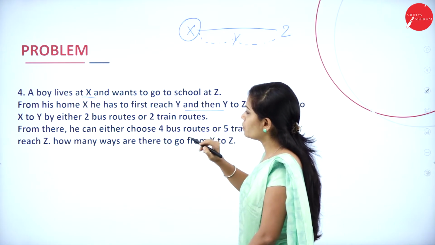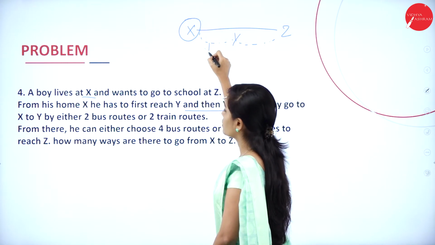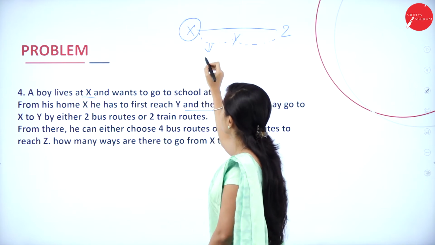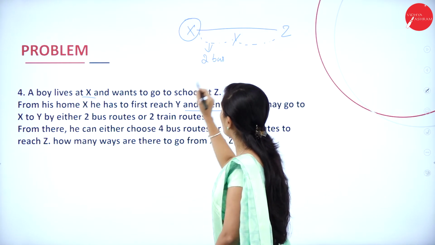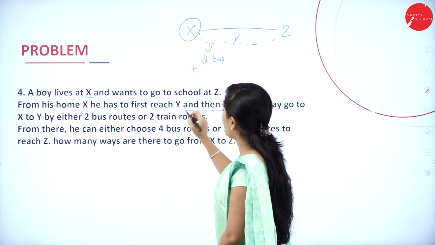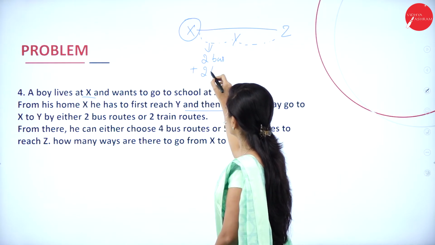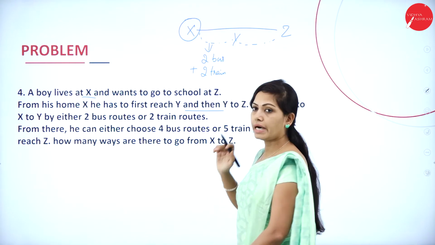He may go from X to Y by either 2 bus routes or 2 train routes. Or means plus. I'll repeat.